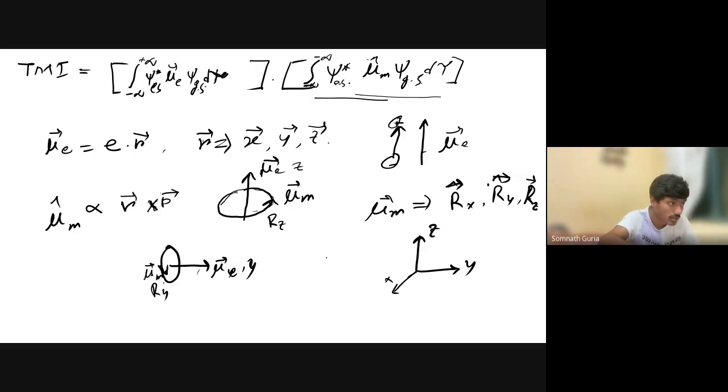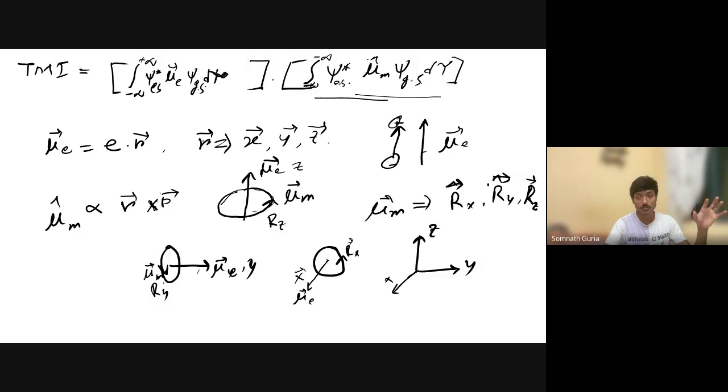And similarly x also looks like this: this is my rx, and this one is my x direction, this is the mu e in the x direction, and this is my r direction. So in all these phenomena, when the magnetic moment and the electrical dipole moment combine together, they form some helical motion.